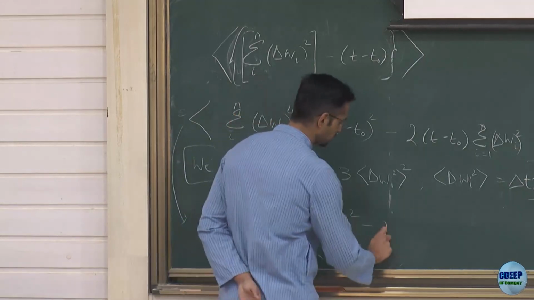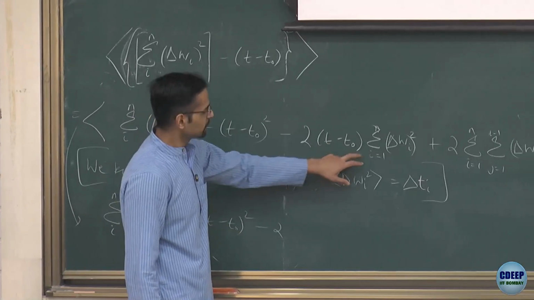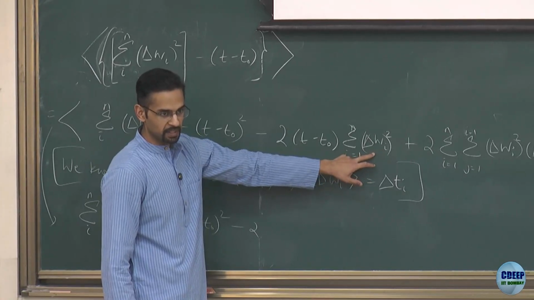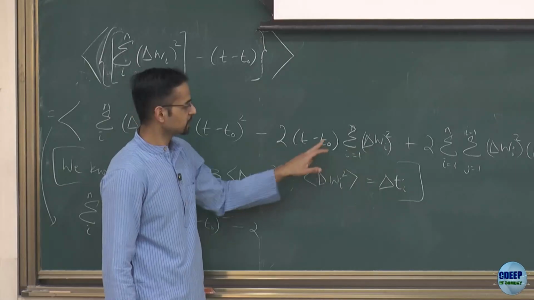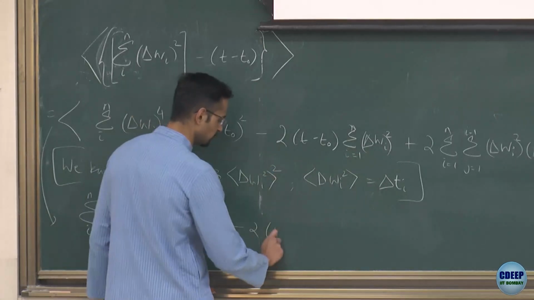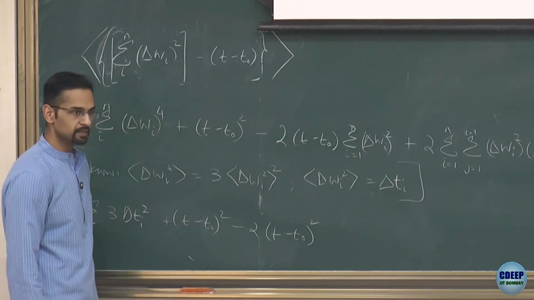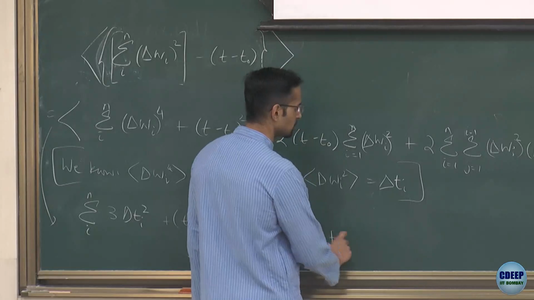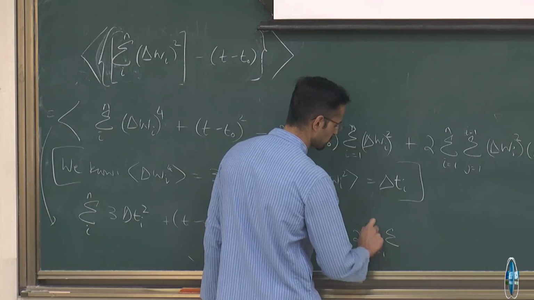Minus 2, what I have here is T minus T naught. Now in this sum, each of the delta W i squares will become delta T i. So it's summation of delta T i, which is T minus T naught, into this. So I'll get 2 times T minus T naught squared. Plus now 2 times this double summation.